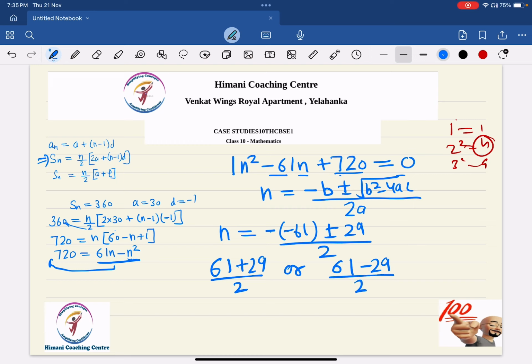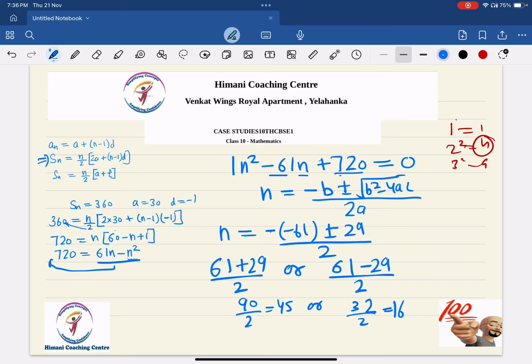Now 60 plus 20 is 80 and 10 is 90. So either n is coming 90 by 2, which is 45, or it is coming 16. So now our job is to check what n is here.